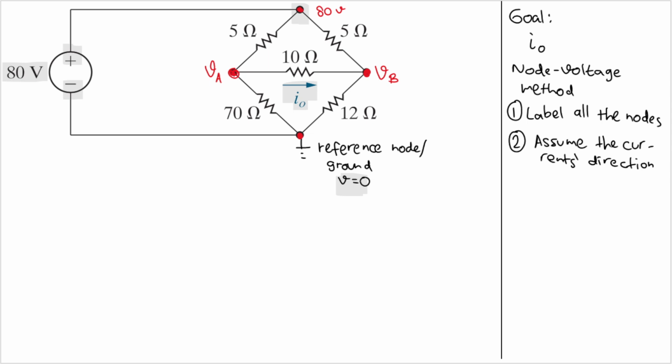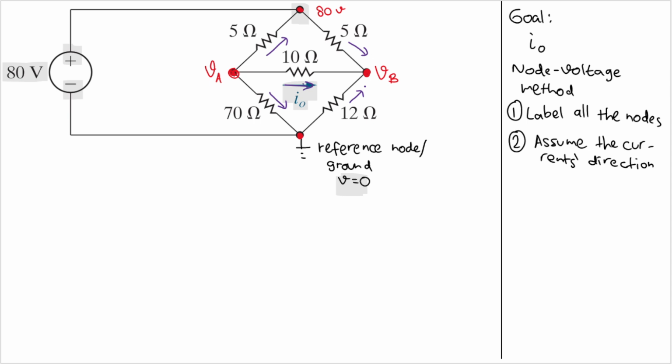Okay, let's see here. We have this current, maybe it goes there, and this also goes there. But for I0, I just follow this arrow here. And then for this one, it goes like this, and this also goes like this.